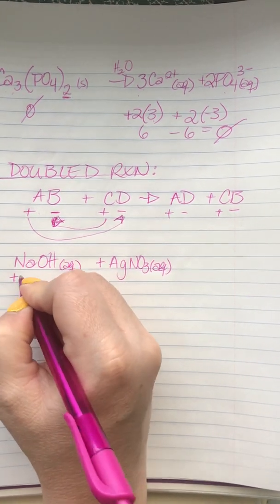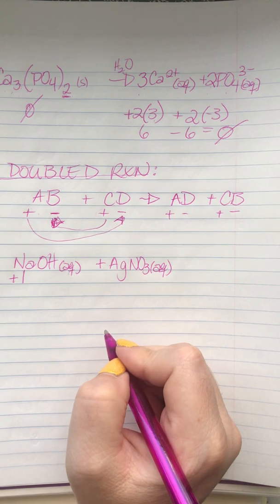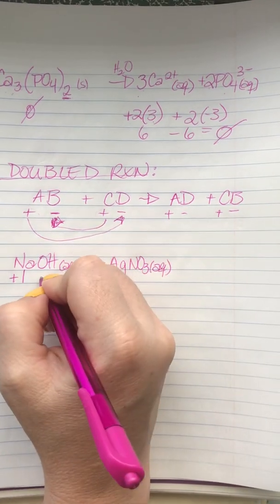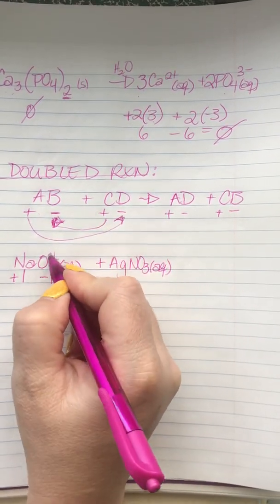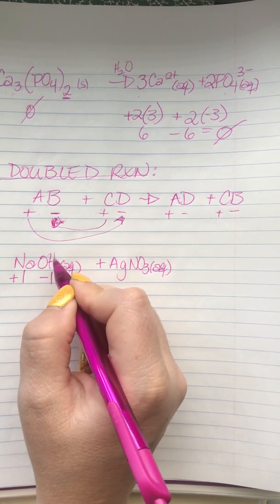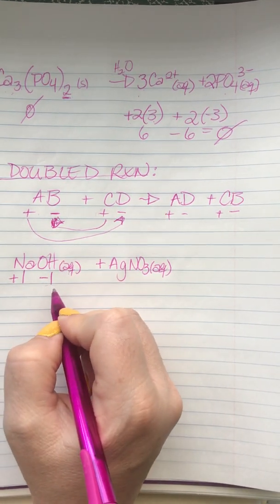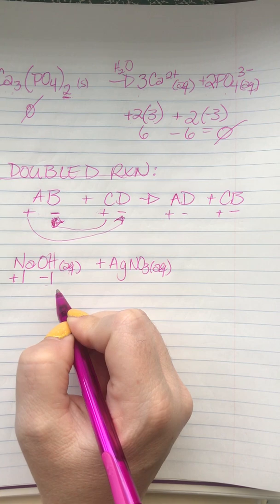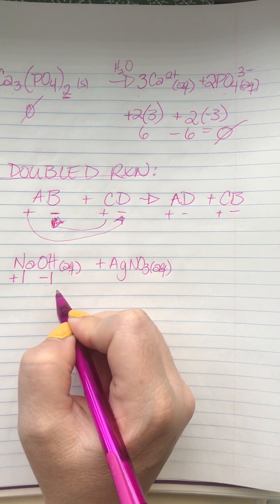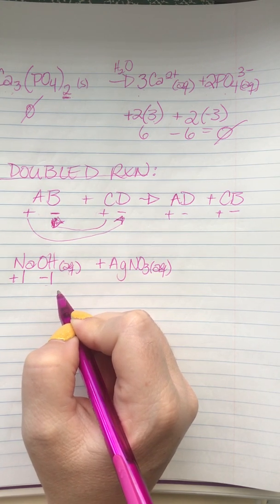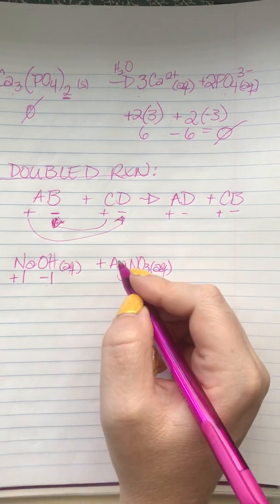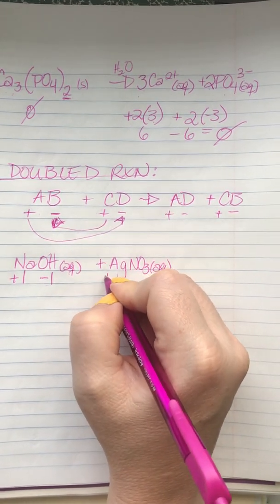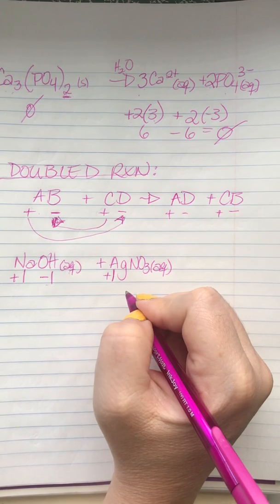So I know that this guy is a +1, right? And this guy, again, hydroxide is a polyatomic ion, and the whole thing has a -1 charge.